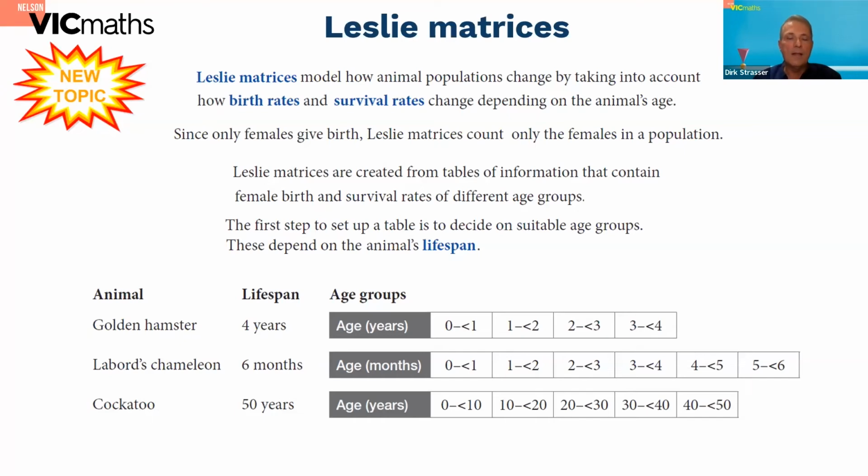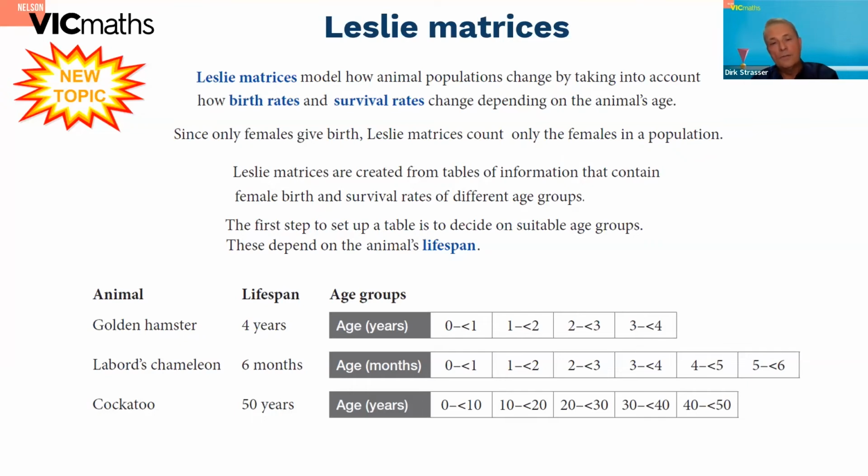The lifespan is 4, so they're not going to live past 4. Labord's chameleon, and these are all actual figures, has a lifespan of 6 months, so you would probably do it by month, so that you end up with 6 categories there.